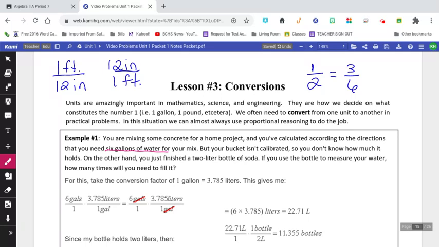On the other hand, you just finished a 2-liter bottle of soda. If you use the bottle to measure your water, how many times will you need to fill it? So basically, we want to see how many 2-liter bottles we need, okay, in order to get 6 gallons of water.